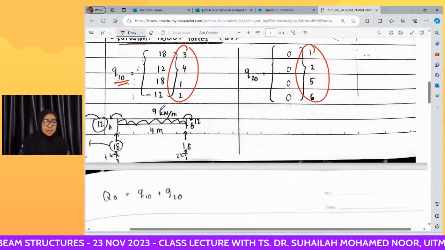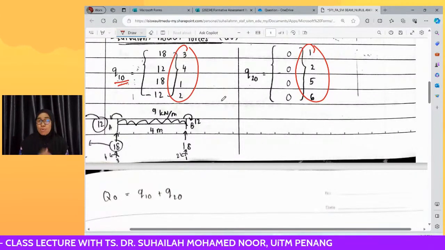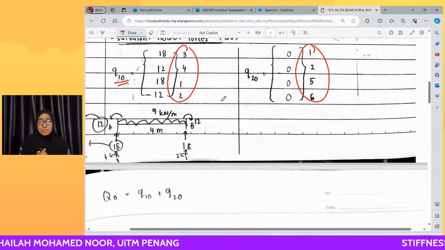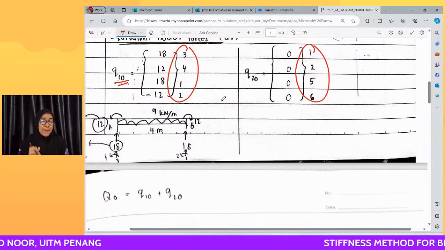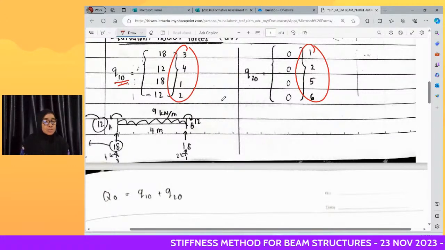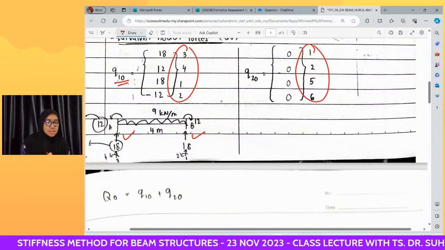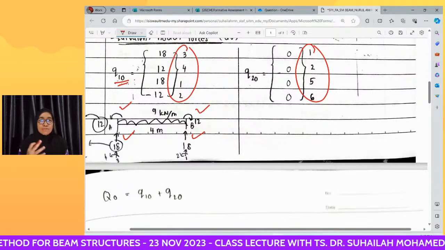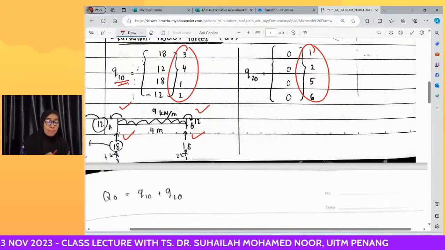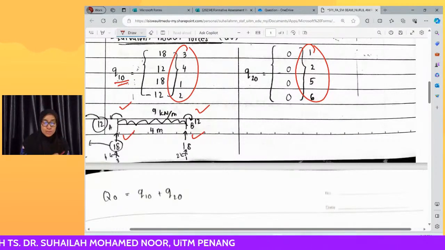Always remember that the fixed end action, fixed end moment, or vertical reaction that we get from the appendix shows the behavior. So this is the right direction because of the behavior, and we have to compare with the sign convention 3412.